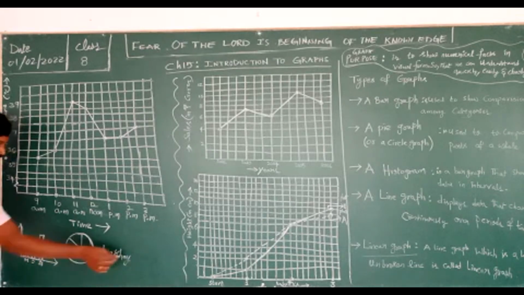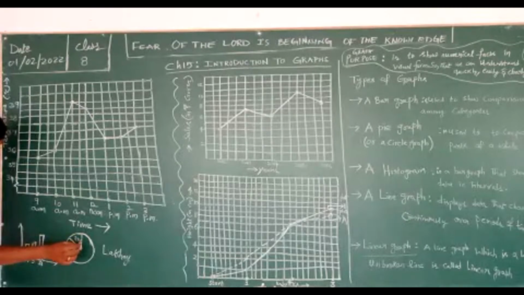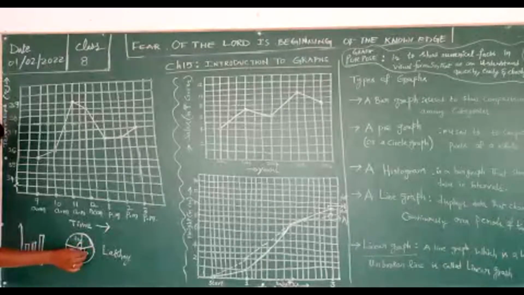So Lakshay's performance we'll see in this way here. Here it is maths, 25 percentage, and then the remaining. Let me draw here. This is 25 percentage. So another one, this is 60 percentage.